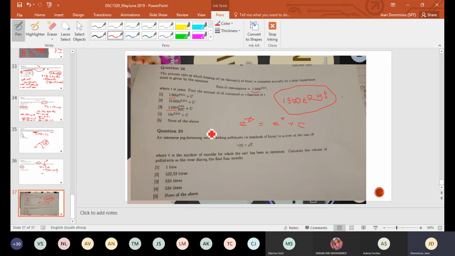So if you would have guessed, it would have been between option 1 and option 3. Because of that constant, and if it was a to the power t, remember that would have happened.